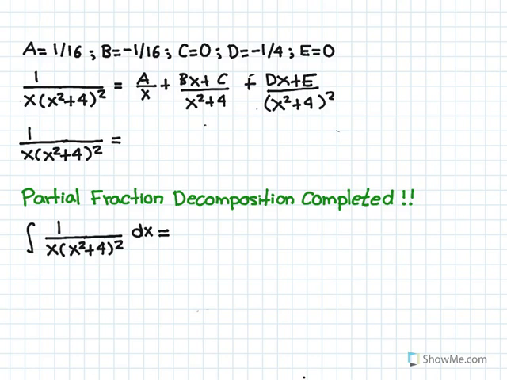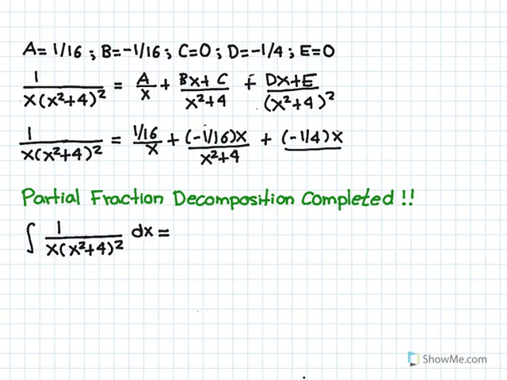Putting these numbers in, we have 1 over 16 divided by x plus b is negative 1 over 16 times x divided by x squared plus 4. C is just 0, so we don't write anything down for that. Plus d is negative 1/4, so we have negative 1/4 times x, and e is 0. Similarly, we don't write that. Divided by x squared plus 4 all squared.